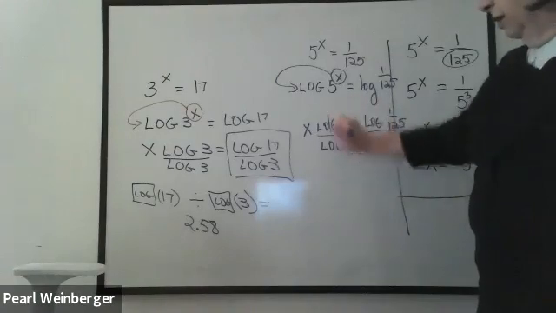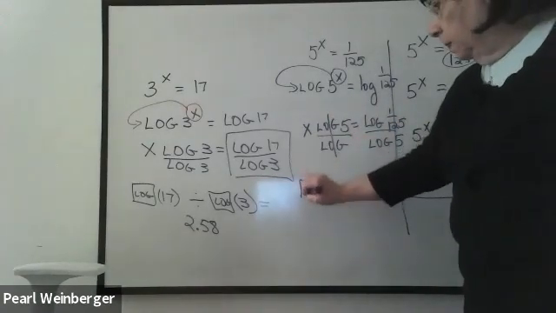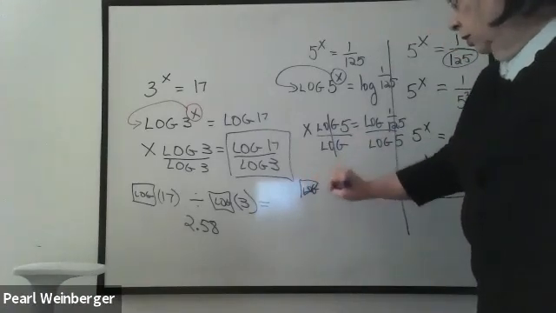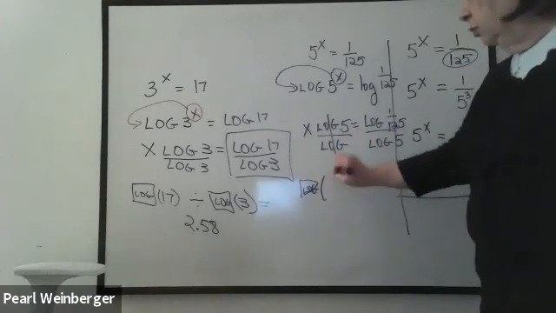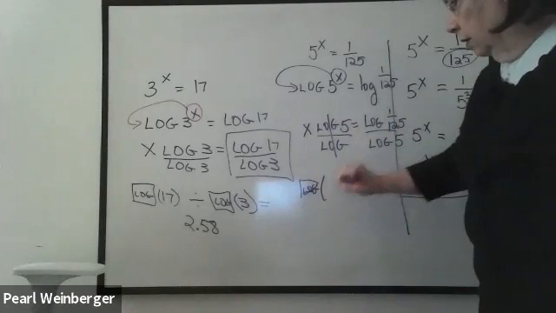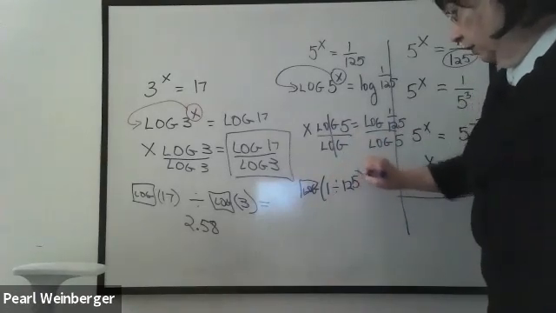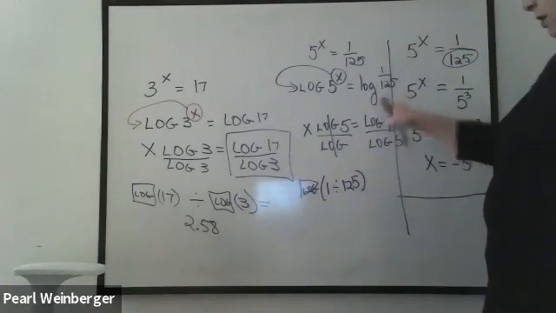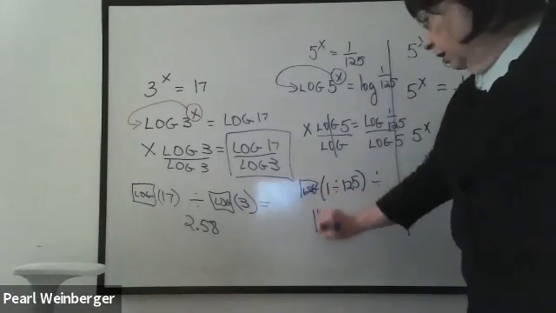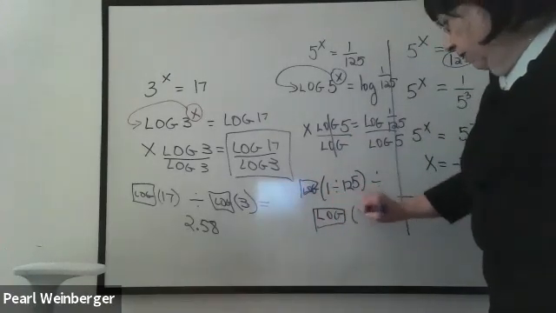In my calculator, I'm going to press my log button. I'm going to put in my parentheses 1 divided by 125, because that's what this is. And then I'm going to divide this by the log of 5.